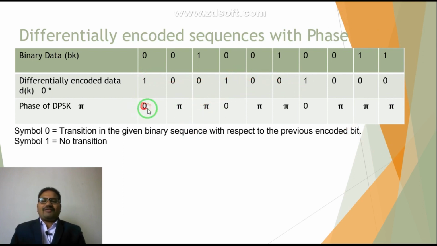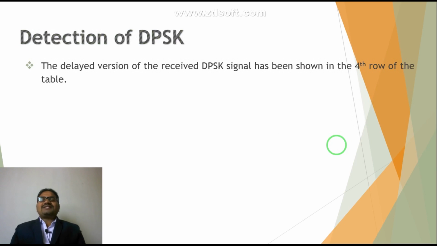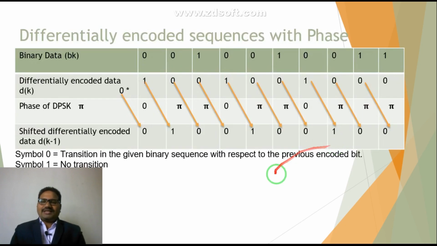That is why we have written 0, 0, 0 and 0 over here, and the rest, where symbols are 0, indicate a transition, which is indicated by pi. This delayed version of the received DPSK signal is shown in the 4th row of the table. You can see that.